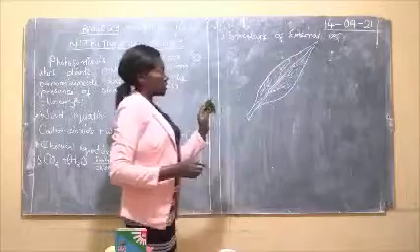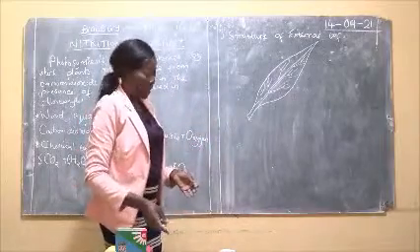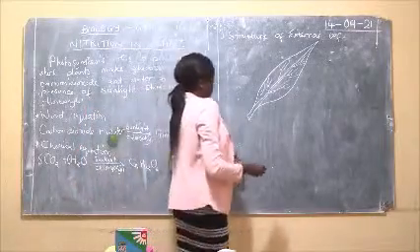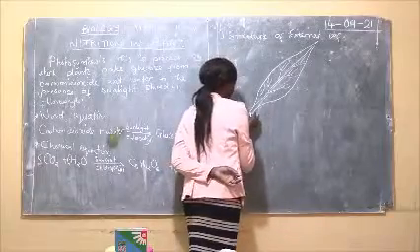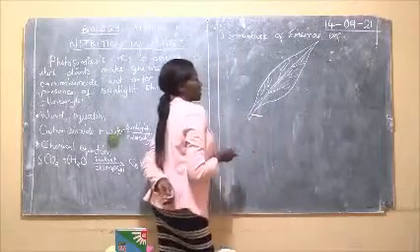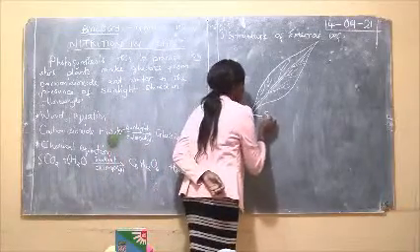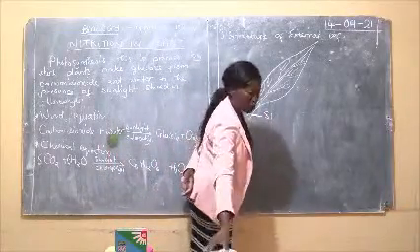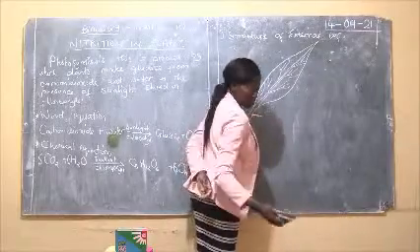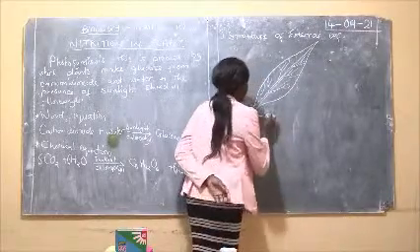When you look at it like this, you see something like that. Okay, so let's label it together. Like I said, the part that attaches the leaf to the branches, we call it the stalk or leaf stalk or petiole.